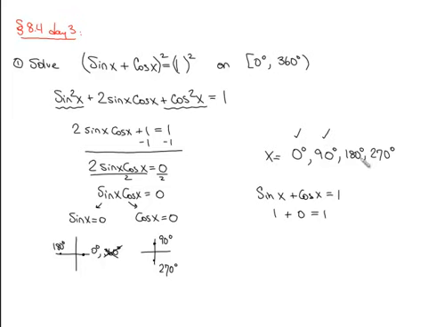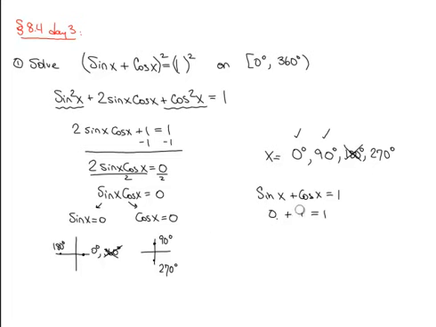If I plug in 180 degrees, sine of 180 degrees is 0, but cosine of 180 degrees is negative 1. And clearly 0 plus negative 1 is not equal to positive 1, but if I squared both sides, I'd get 1 equals 1. So it's a solution to the squared version, but not the original unsquared version. So therefore, this one has to get tossed.